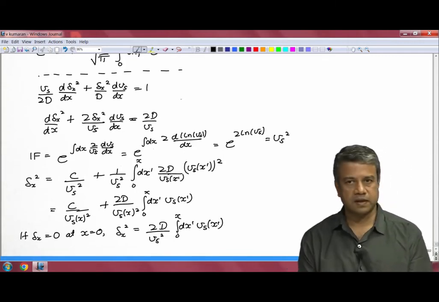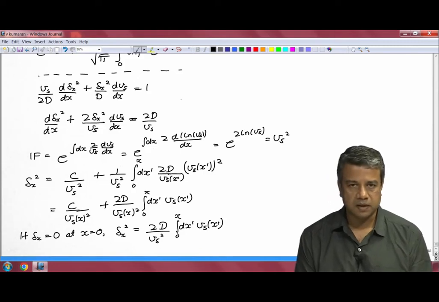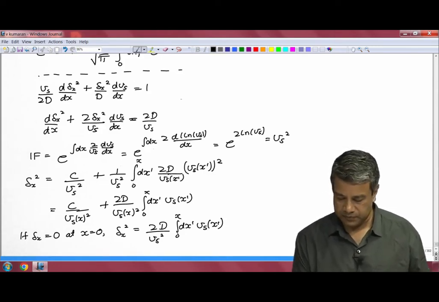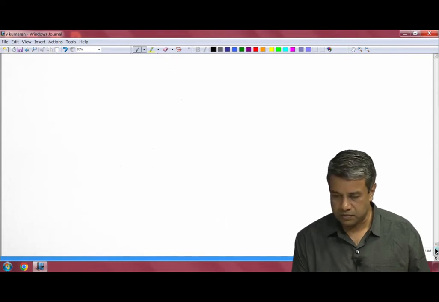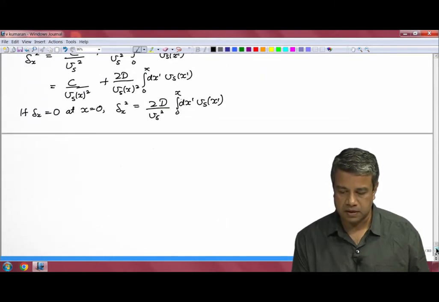So this is the final expression for the boundary layer thickness for this particular case. For any general two dimensional flow, this can be used in order to determine the boundary layer thickness.